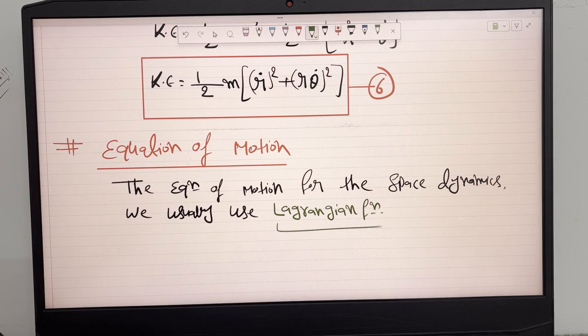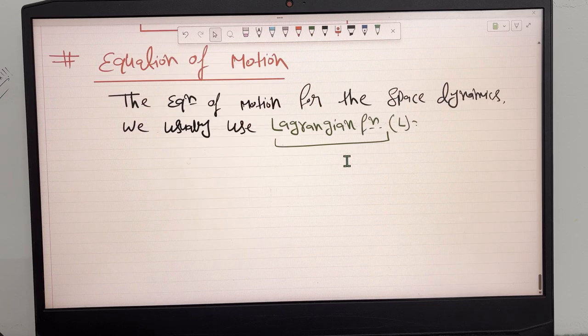This is nothing but the difference of kinetic energy and potential energy, right? This is denoted by L. So what is the Lagrangian function? L is equal to the kinetic energy minus the potential energy, right?